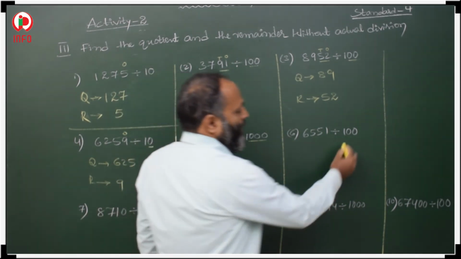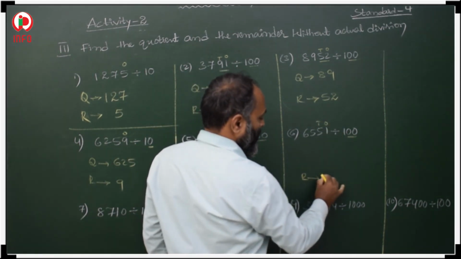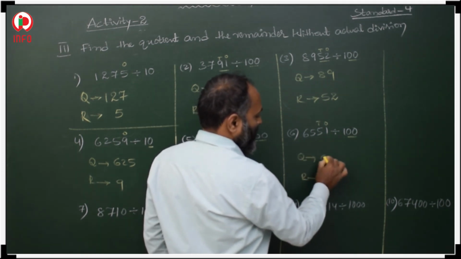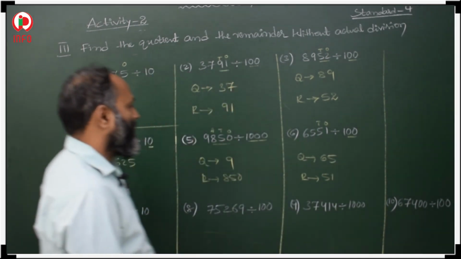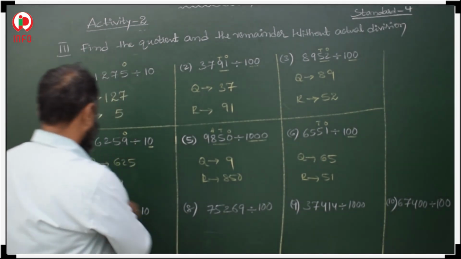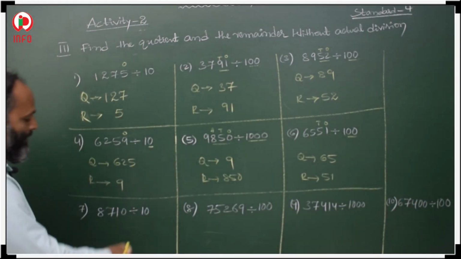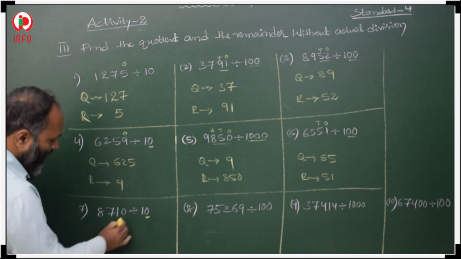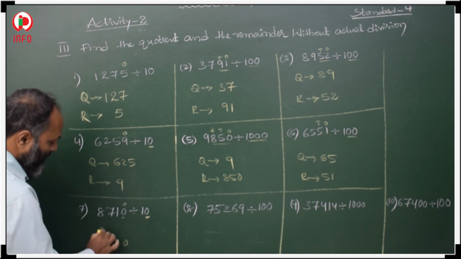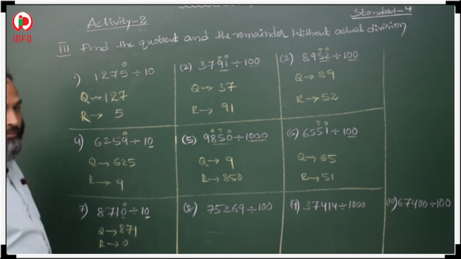Here we are dividing with 100, ones and tens are our remainder and the rest of the places our quotient. Okay. Now the next, here we are dividing with 10. So, last one place is our remainder, the rest of the places our quotient. 871.